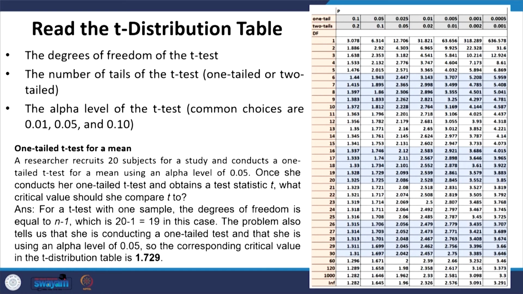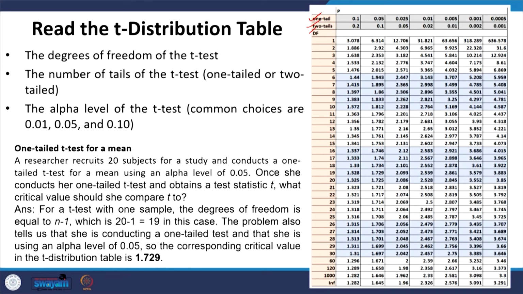Like in this example, the figures in the table are given one tailed, two tailed, and by degrees of freedom. First of all, like in a study, a researcher requests 20 subjects for a study and conducts a one tailed t test for a mean using an alpha level of 5%.